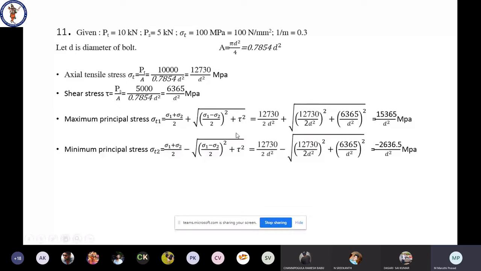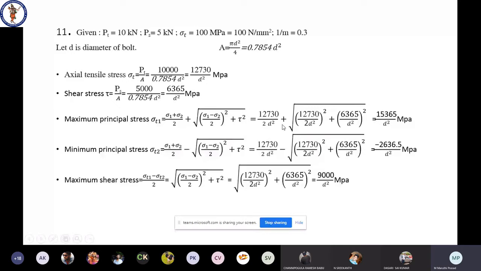Sigma T1 value is known, sigma T2 value is known, so by substituting those values you can get the answer, or else you can use this equation.